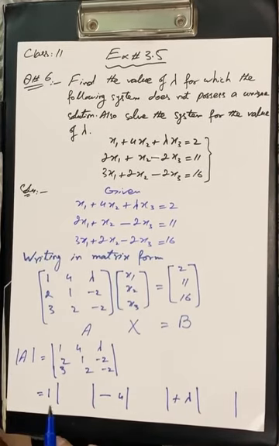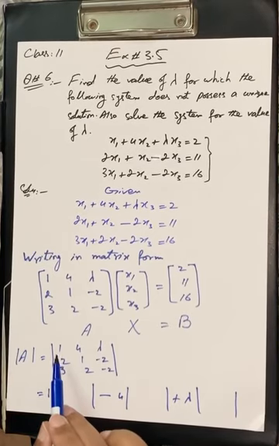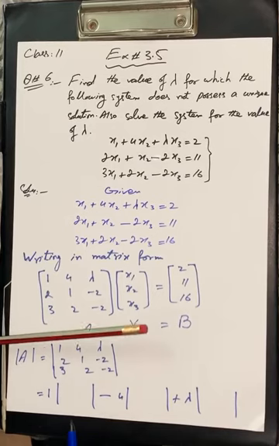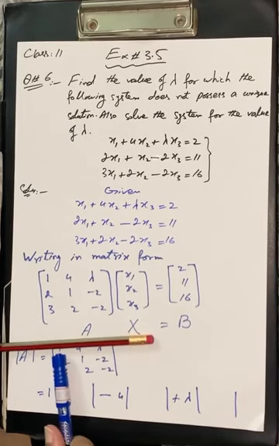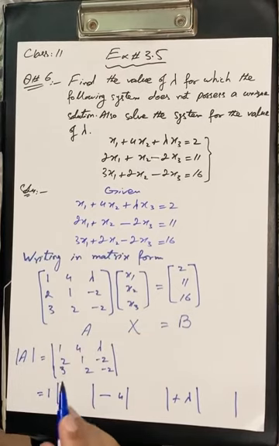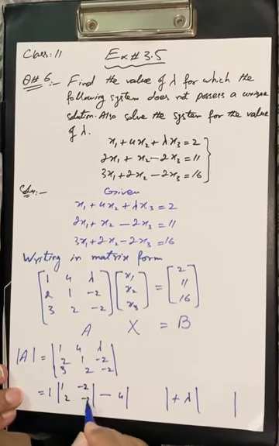After this step, we have 1. 1 lies in the first row as well as the first column. So we leave the first row and first column. What is left behind? 1 minus 2, 2 minus 2.